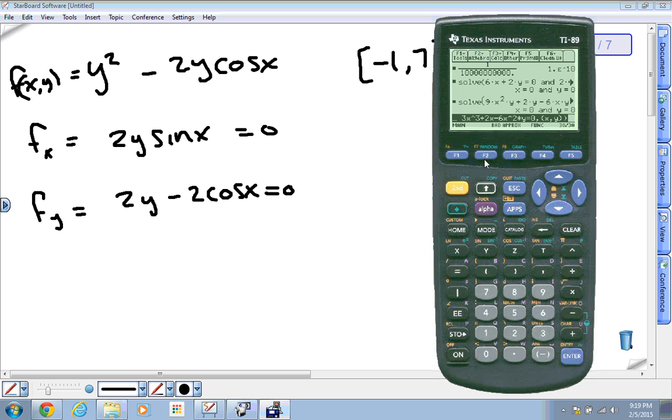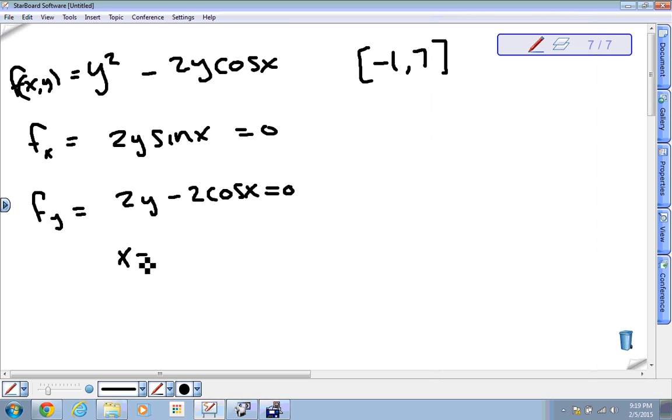Okay, now, so F2, we're going to solve 2y times sine x equal 0 and 2y minus 2 cosine x equal 0. Okay, and so x is at pi times a constant.